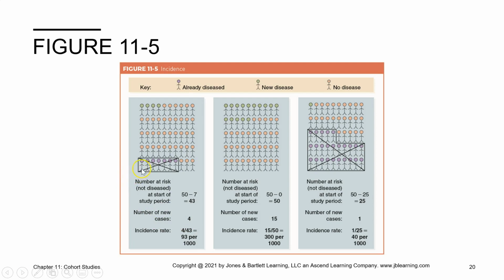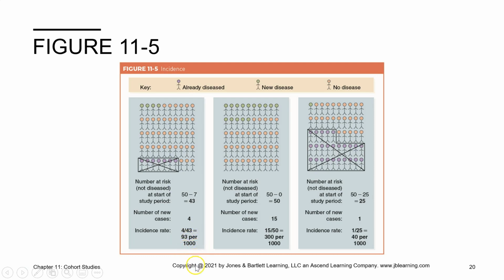Now our already diseased are these purple, and they're in this X because they don't count as our denominator, because there's no way that they can be a new case of disease because they already have it. And so there's 7 here, so our denominator is 50 minus 7 equals 43. And then it's 4 divided by 43, which gives us 93 per 1,000 people.